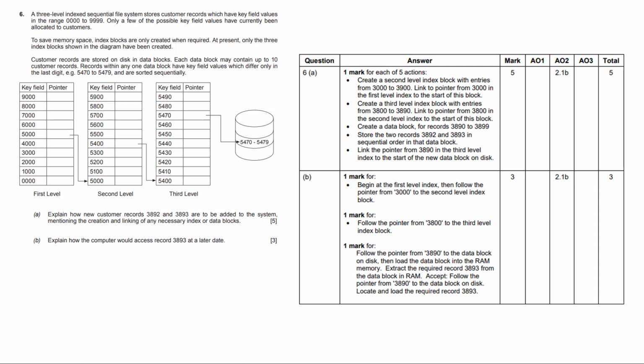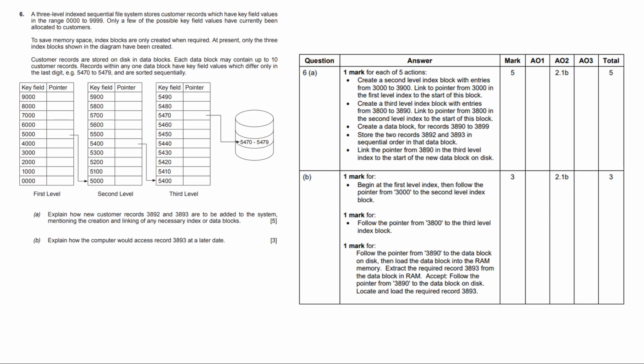So the first one, we create a second level index block with entries from 3000 to 3900. We link the pointer from 3000 in the first level index to the start of this block. We create a third level index block with entries 3800 to 3890, and we link the pointer from 3800 in the second level to the start of this block.